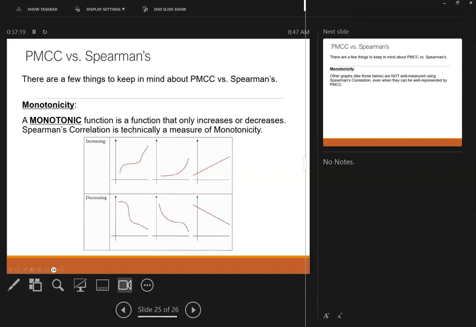So the Spearman statistic is really just a measure of how monotonic it is, like how consistently increasing or decreasing all the time it is.